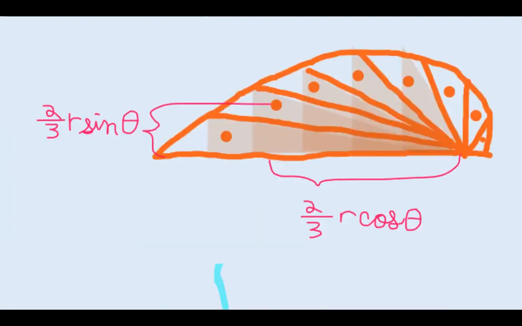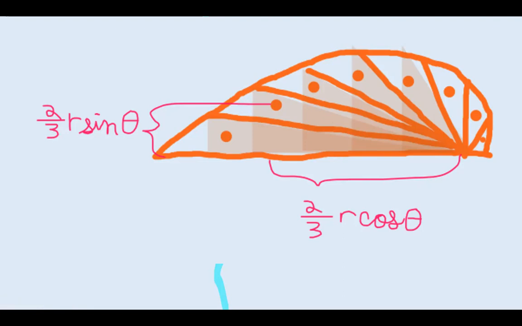And then the centroid of each will be lowercase x bar, basically. So lowercase x bar can be represented by 2/3 r cosine theta, and similarly lowercase y bar can be represented by 2/3 r sine theta.